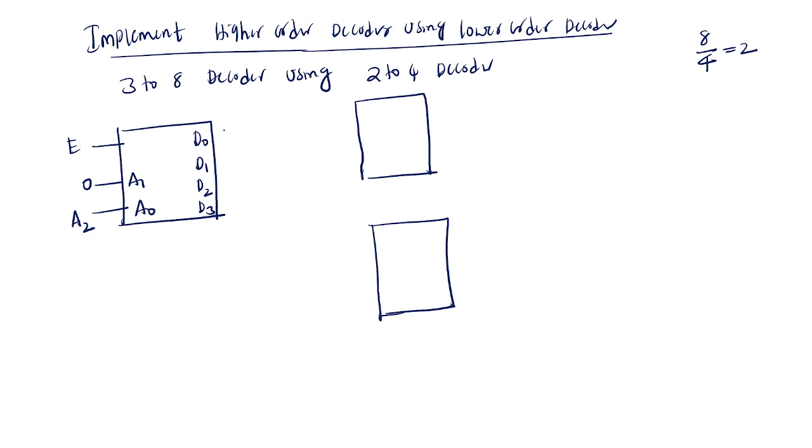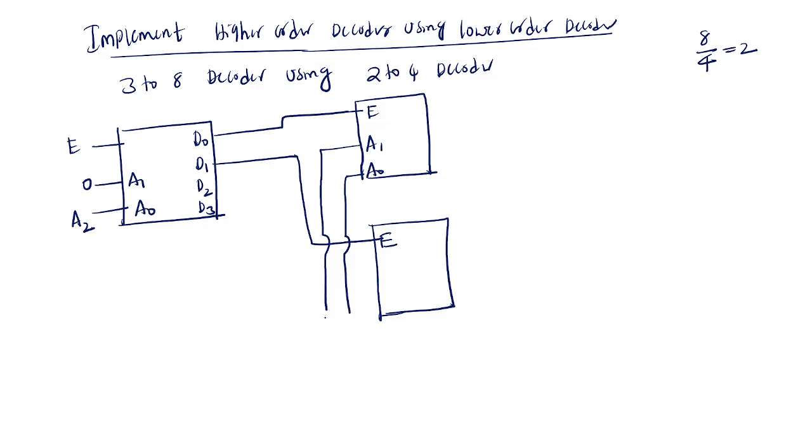So this is given to the enable pin, and this D naught also is given to the enable pin, and A1 and A naught are given as the input. This is A1 and A naught.